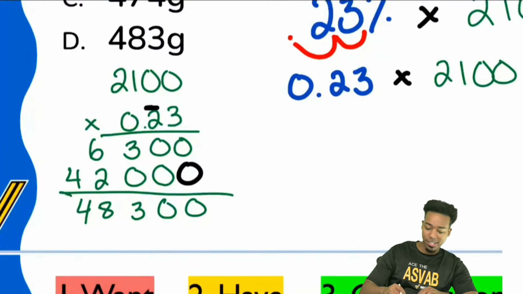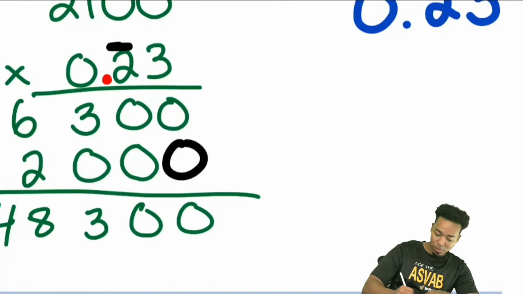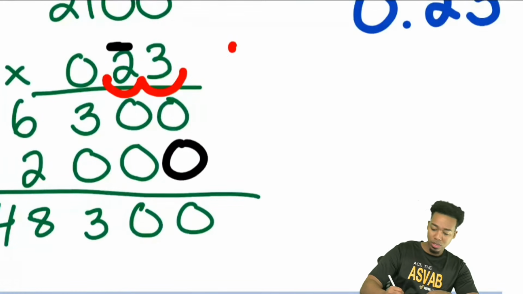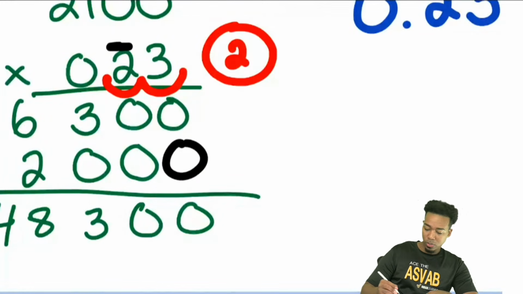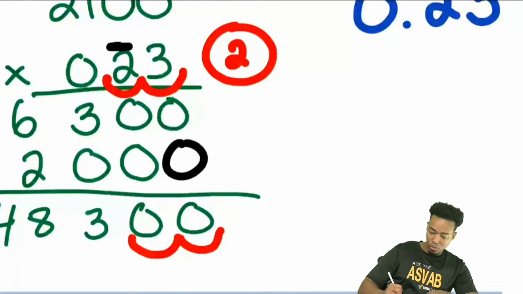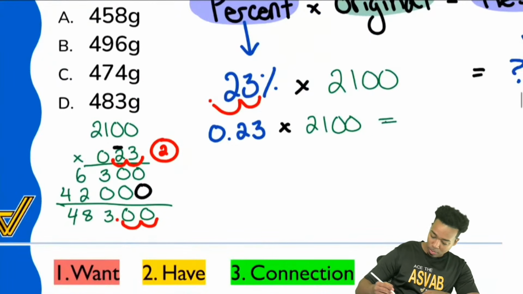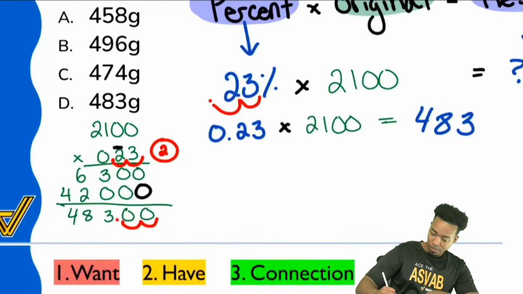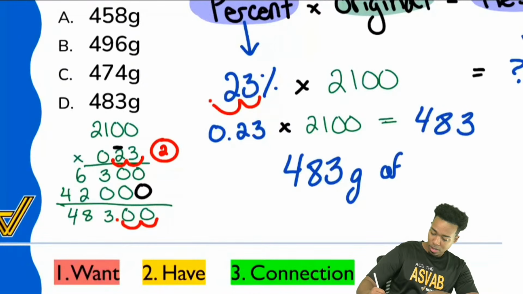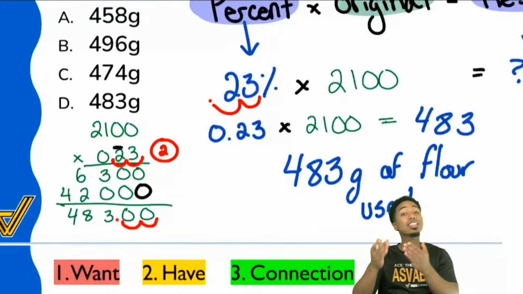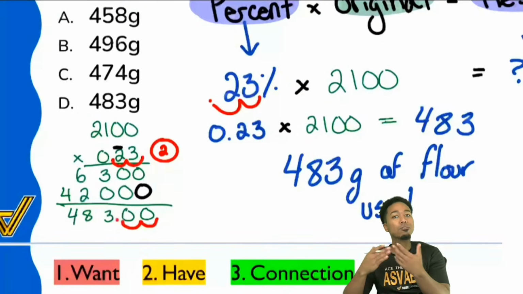Observe right over here, guys. Right here, we see that we have the decimal right there. That's one, that's two. So that was two decimal places, so that's one, two, brought back. And so that's why this would actually be 483. So the answer is 483 grams of flour used, because the percent that we used was the percent of flour used.